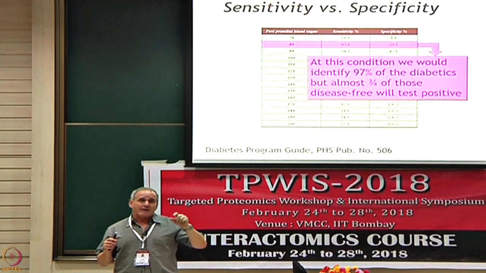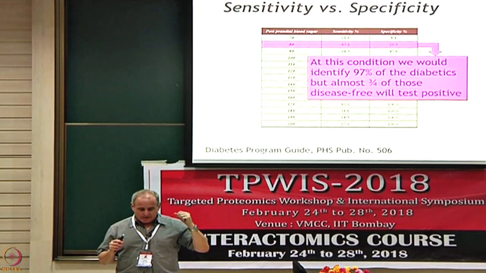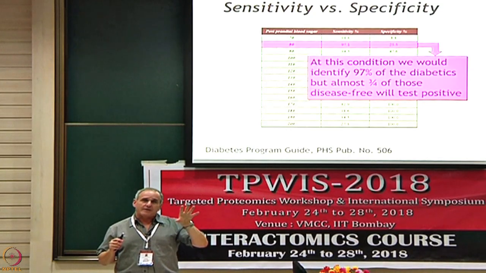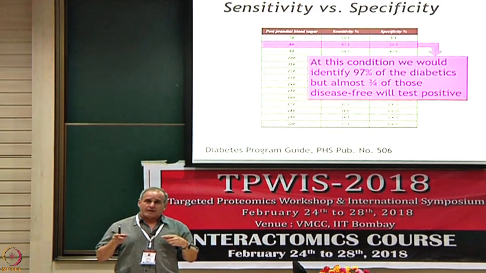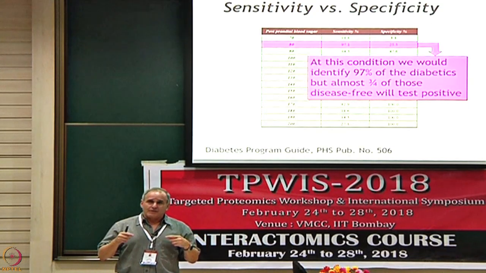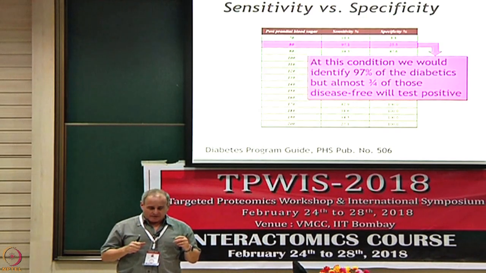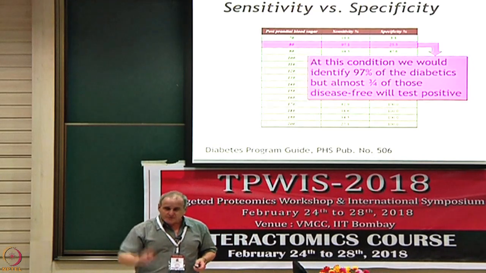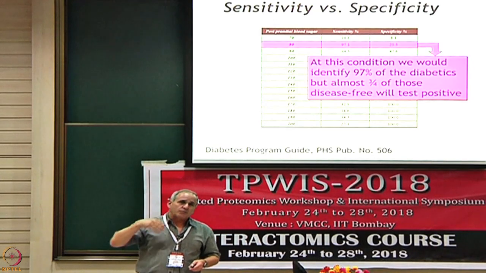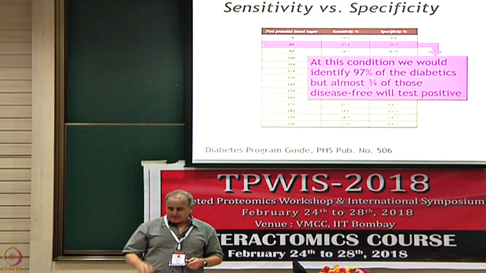The test will be positive in the presence of disease 97% of the time. But 3/4 of people who have no disease will also test as if they had diabetes. So you won't be very specific. A huge amount of false positives, right?